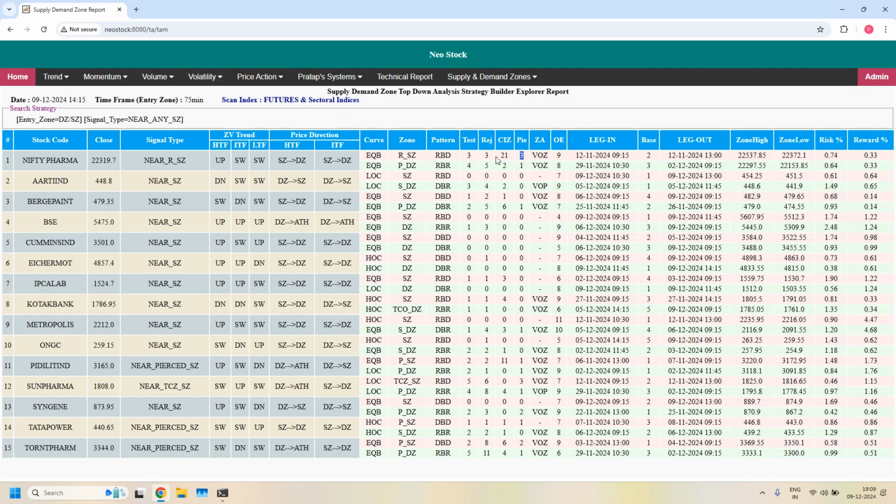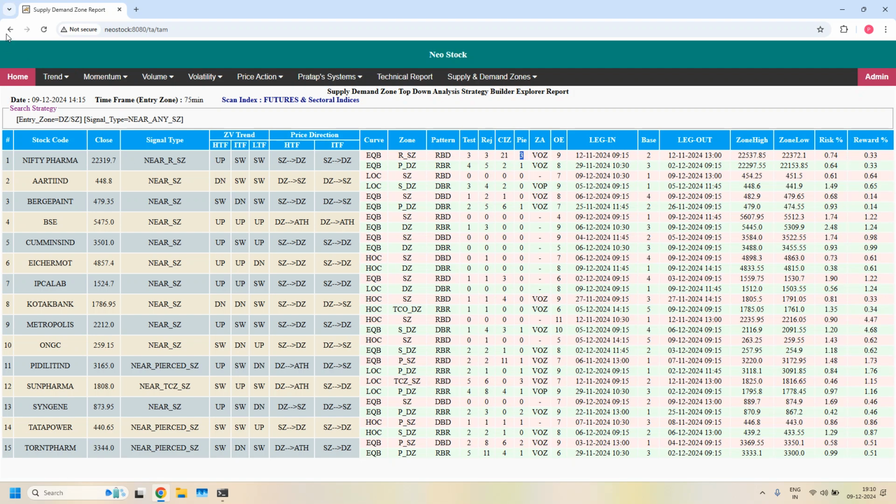Let me check again. First one is pierced, but anyway it is an index, also not valid for F&O trading. All these are supply zone, supply zone, pierced supply zone, TCZ supply zone also pierced, supply zone, pierced supply zone, pierced supply zones. So we don't have any valid high liquidity 75 minute supply zones from this list.